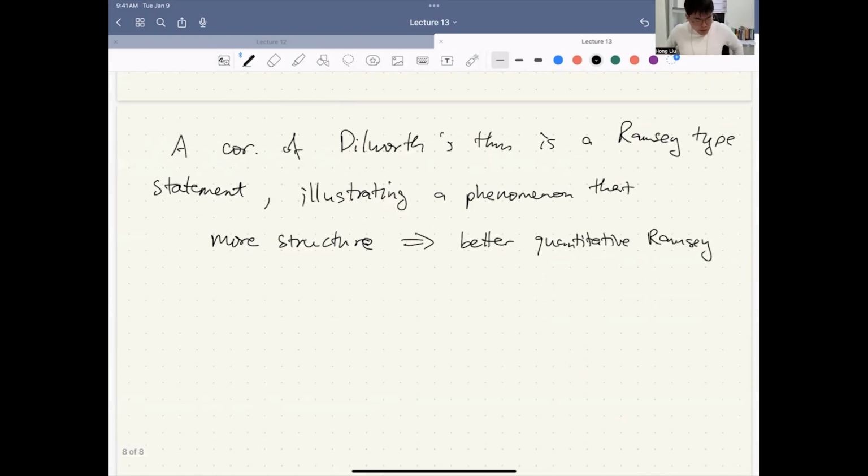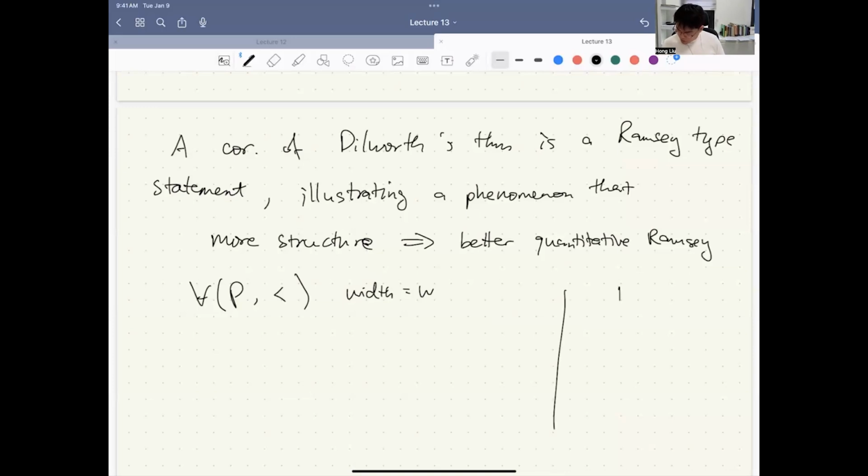What do I mean by this? Let me write down this corollary. So for any poset P, let's say the width is W. What does it mean?